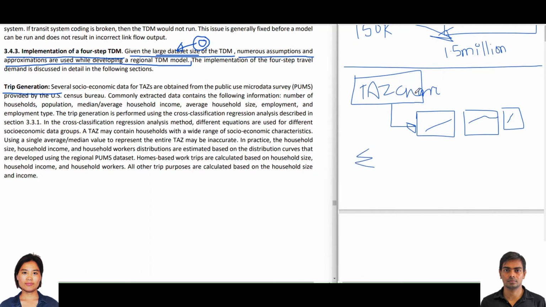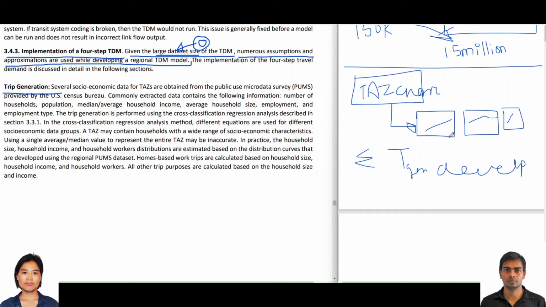So TAZ characteristics will decide which curve to use, which will calculate the total number of trips generated from each TAZ, and then we sum it up. So for each TAZ, we sum it up for all the developments.